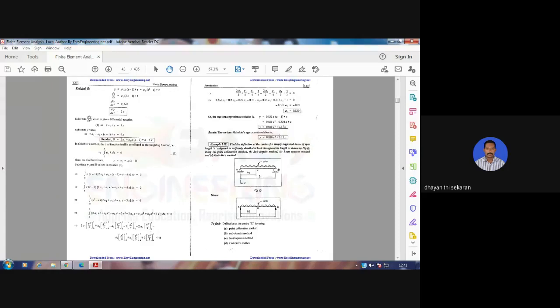Okay, the next problem is very, very important. This is called an application oriented problem. Just note down this question: find the deflection at the center of a simply supported beam of span length L subjected to uniform distributed load throughout its length, as shown in the figure, using point collocation, subdomain collocation, least square and Galerkin methods. Just draw the diagram and write the problem.